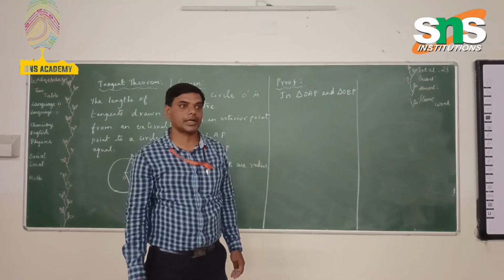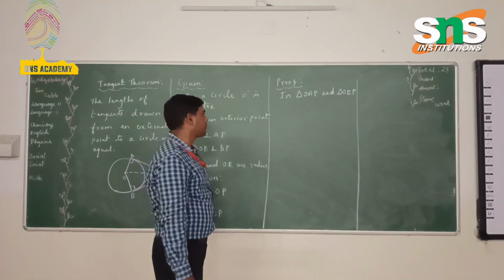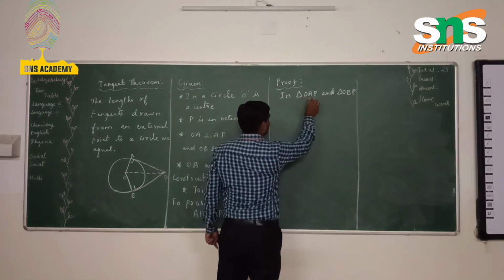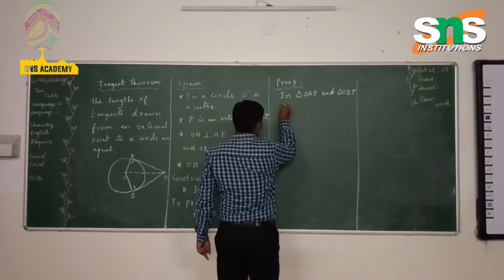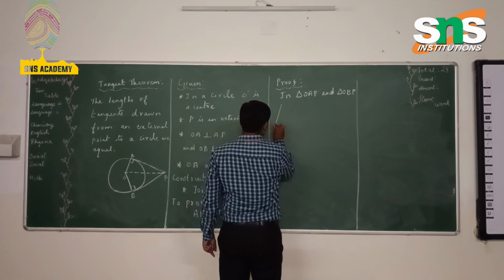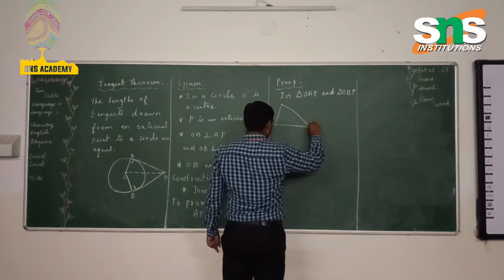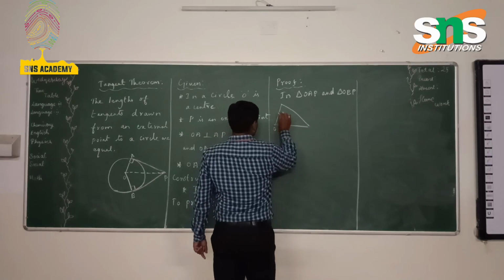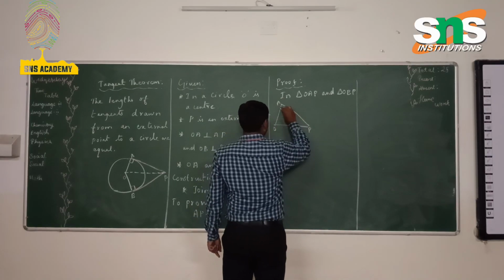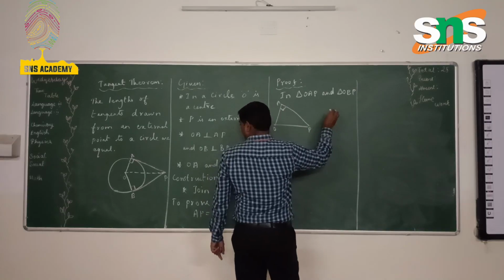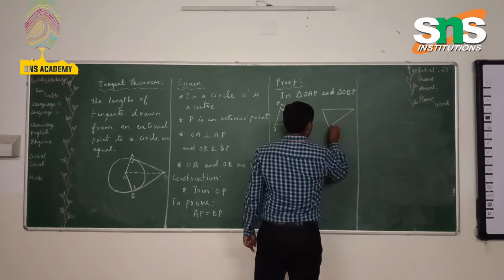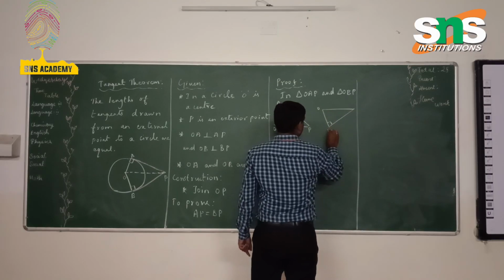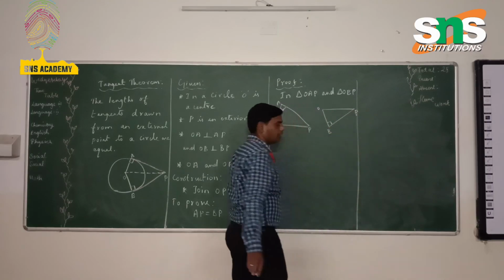Here we have taken triangle OAP, where the angle at A is 90 degrees, and the other triangle OBP.